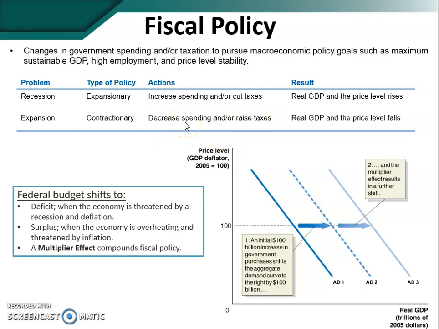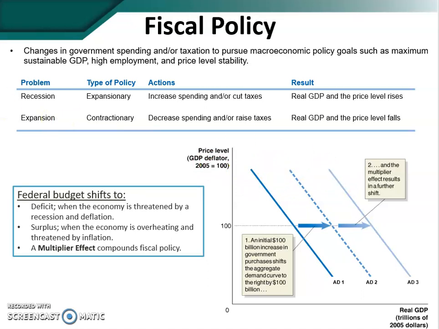And that would help stifle the inflation from the expanding economy. Regardless, whether the government is using deficit policy to correct a recession or surplus policy to correct an expansion, there is that initial effect and then the multiplier effect.